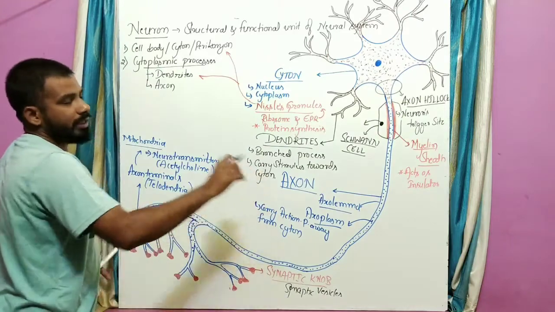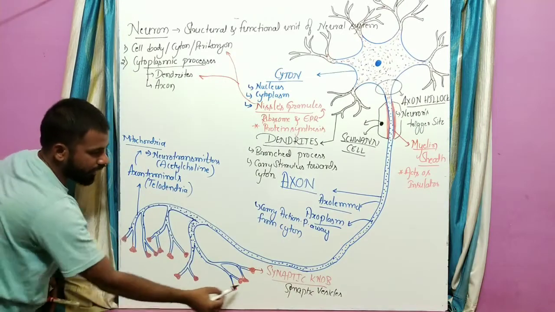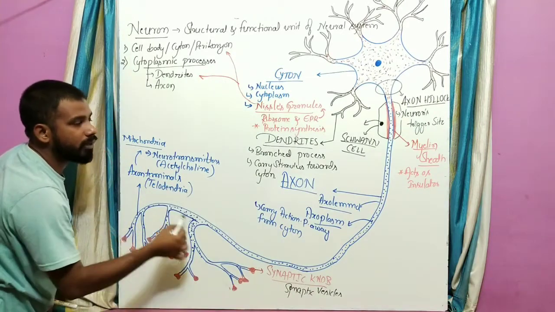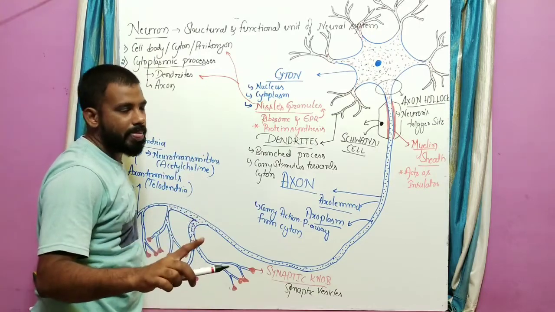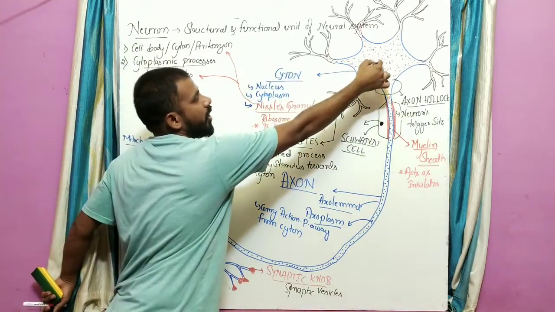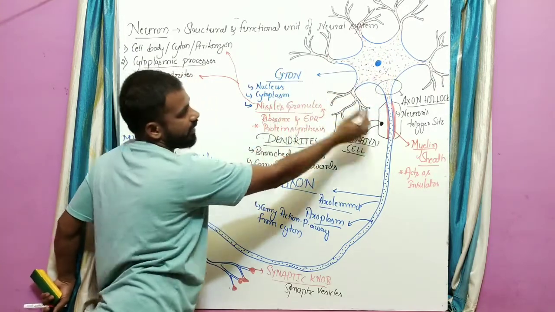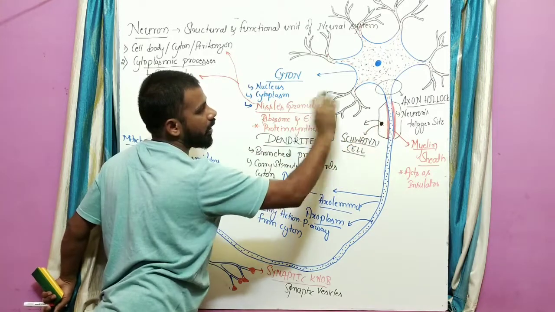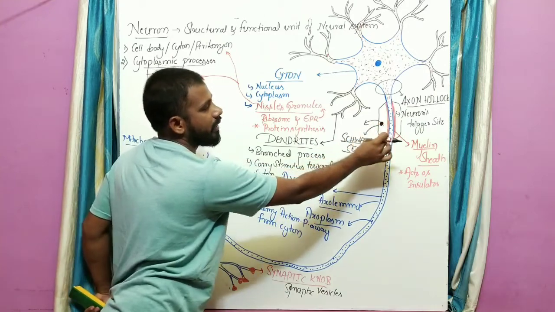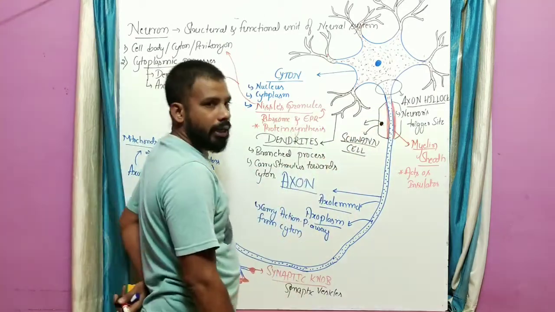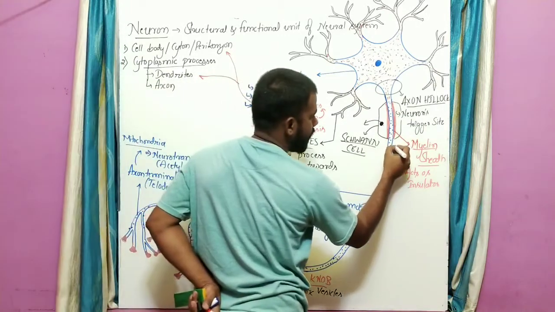The entire neuron is a single cell starting from here up to the synaptic knob. It is one of the longest cells in our body, and it has only one nucleus, which we find in the cell body. This one is the nucleus of the Schwann cell, not the nucleus of the neuron. Schwann cells are neuroglial cells, and along the axon you can see these Schwann cells like this.